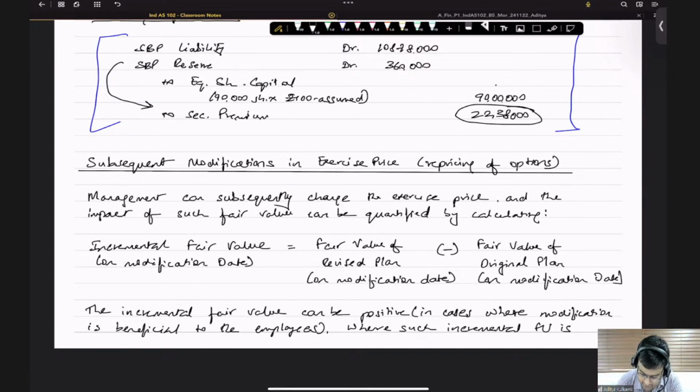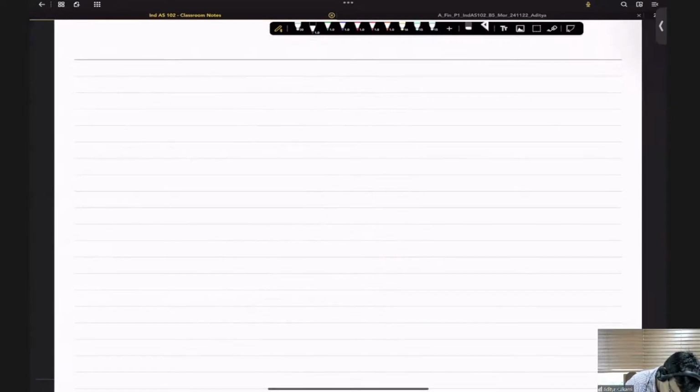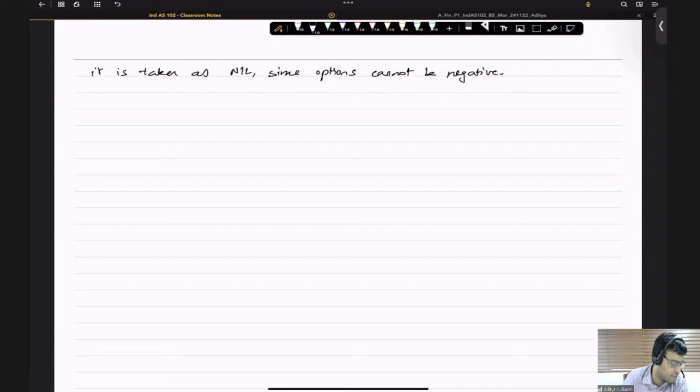The incremental fair value can be positive; where such incremental fair value is negative, it is taken as nil, since options cannot be negative.